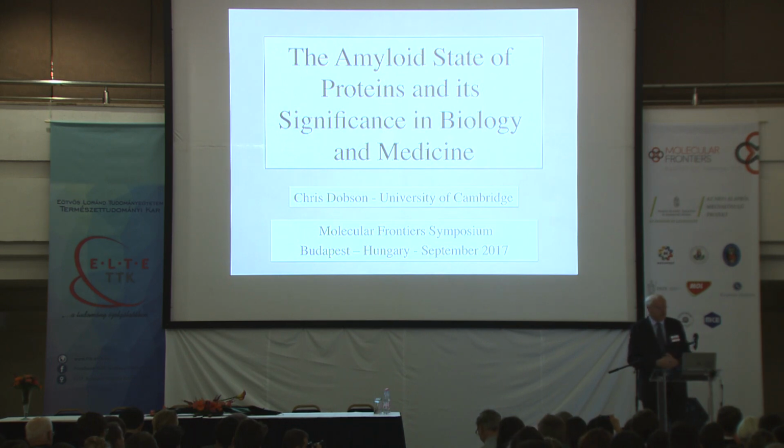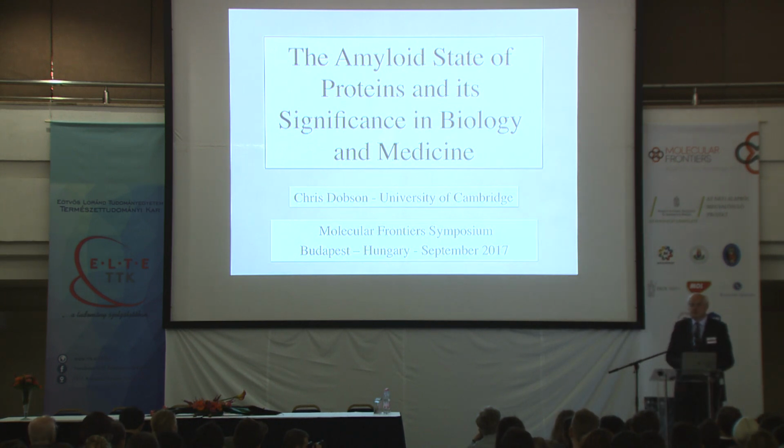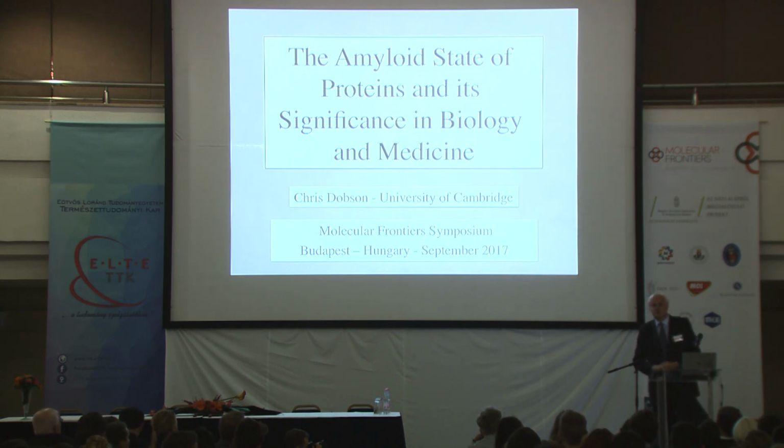What I'd like to do today is to talk about what one could call the amyloid phenomenon, and particularly to explain its significance in medicine, primarily because it's associated with a whole range of diseases that are now becoming perhaps the most rapidly proliferating diseases in the modern world. They're incurable, and they have enormous importance. So I hope to start at the beginning, how we got into this, and then explain what we're hoping to do in the future.